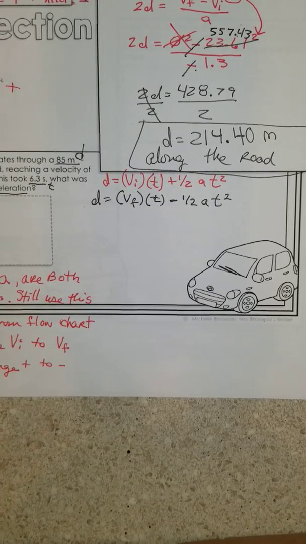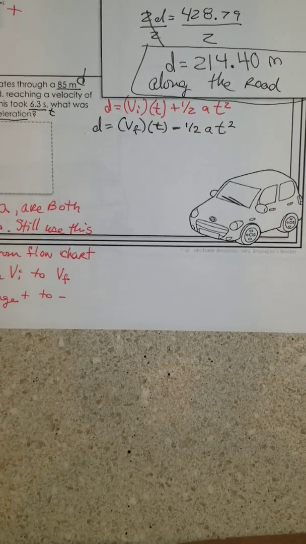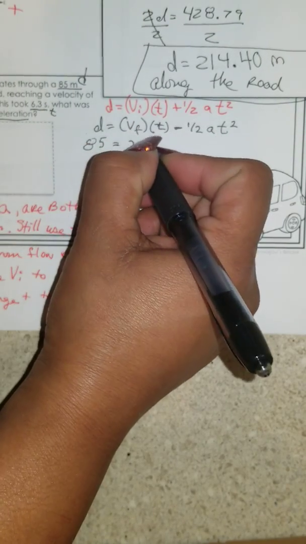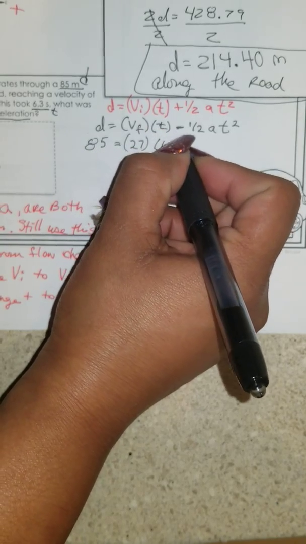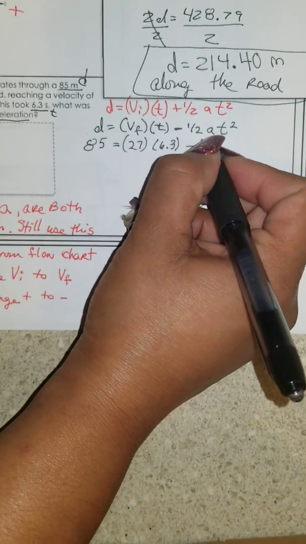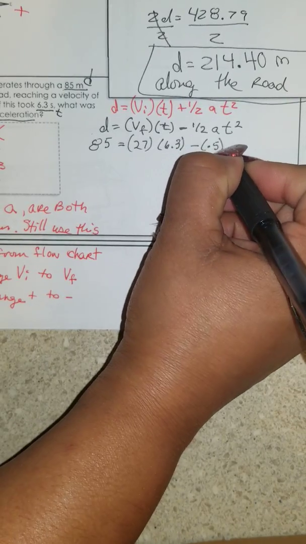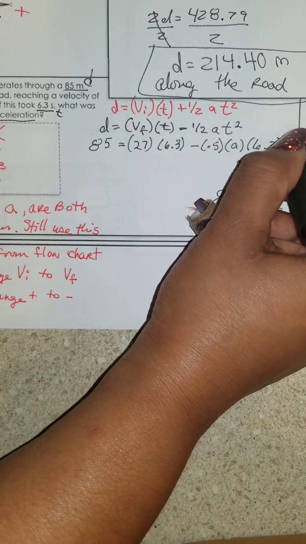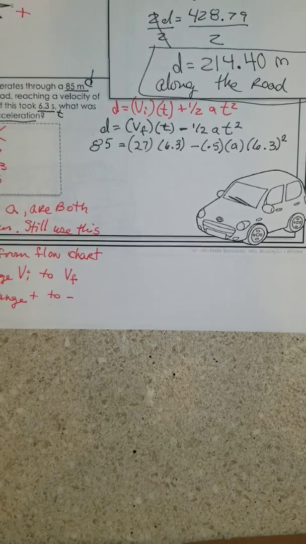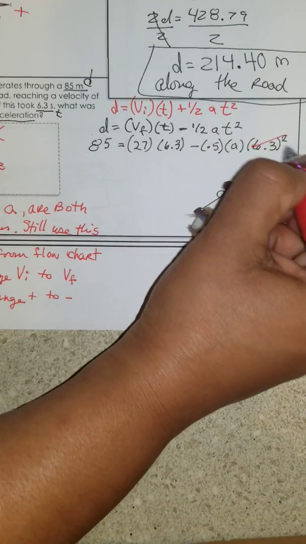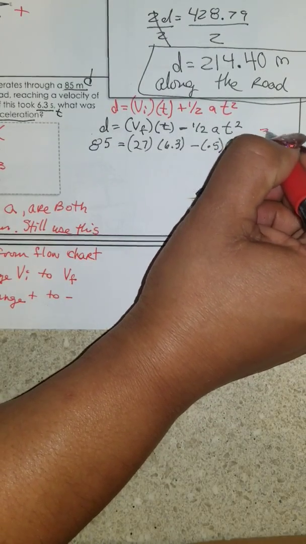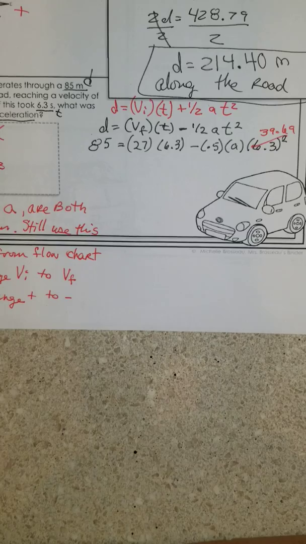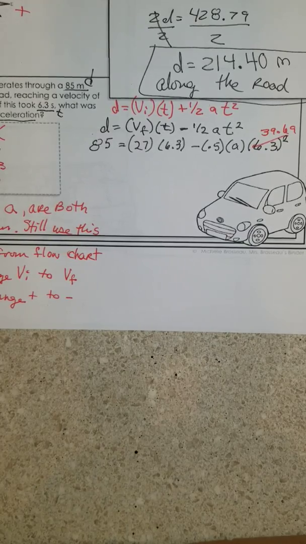Let's plug in what we do have and use our algebra skills here. 85 equals 27 times 6.3 subtract 0.5 A times 6.3 squared. Don't forget to square that 6.3. I did that first and I got this number of 39.69.